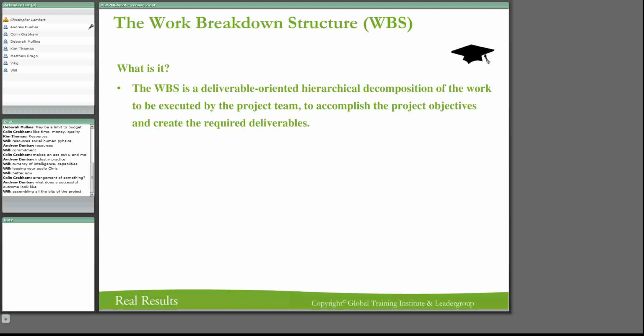So that's what a work breakdown structure is. However, it also organizes and defines the total scope of the project. That's why it's part of scope management. When we get down to this, this is where we like to use MS Project. MS Project is a fantastic tool for work breakdown structures.